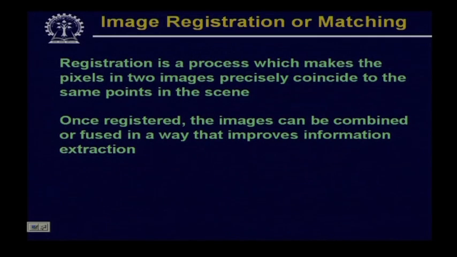By image registration, what we mean is that registration is a process which makes the pixels in two images precisely coincide to the same points in the scene.